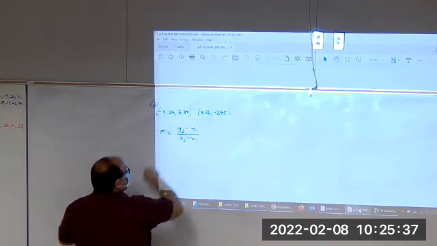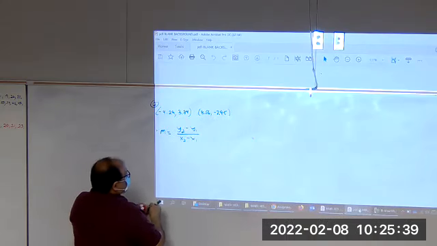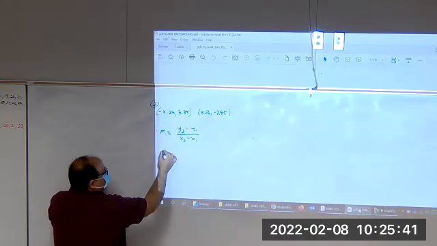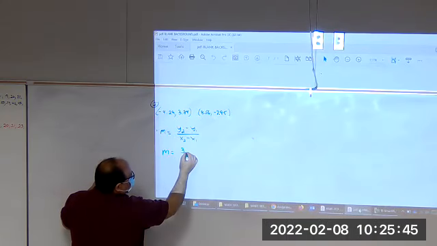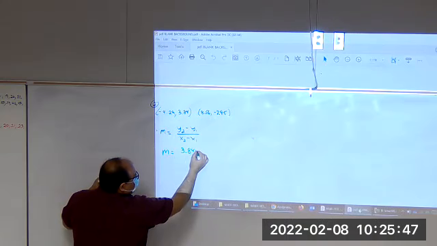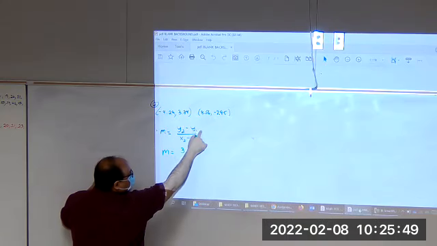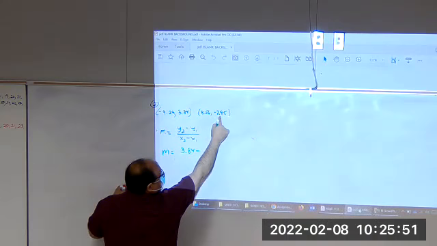So if I start with 3.84, my slope is going to equal 3.84 minus the other one. The other one's a negative.